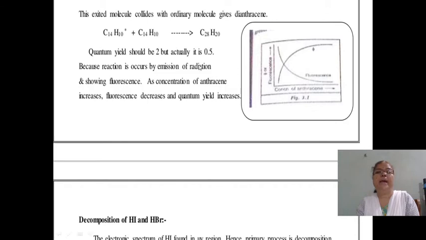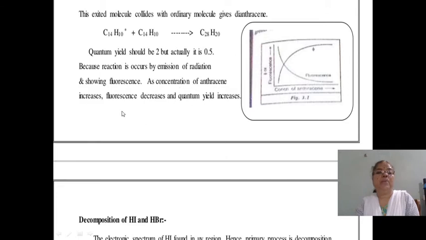But in actual practice the quantum yield is low, about 0.5, and the reason for this is that fluorescence occurs at the low concentration, and due to the fluorescence the quantum yield decreases.